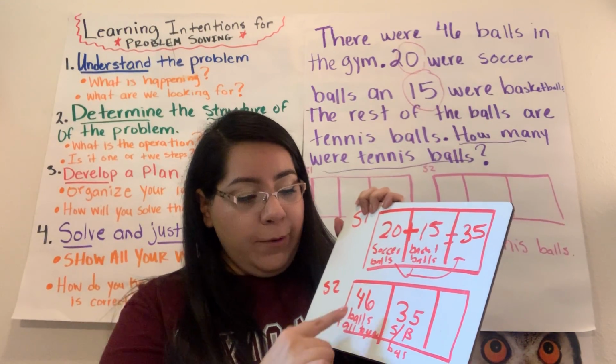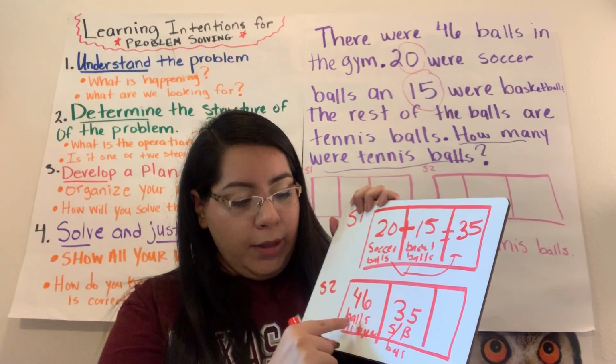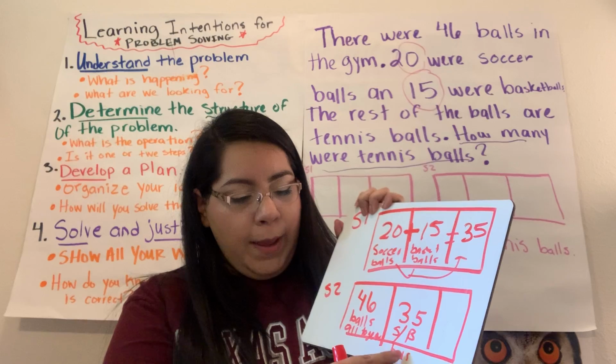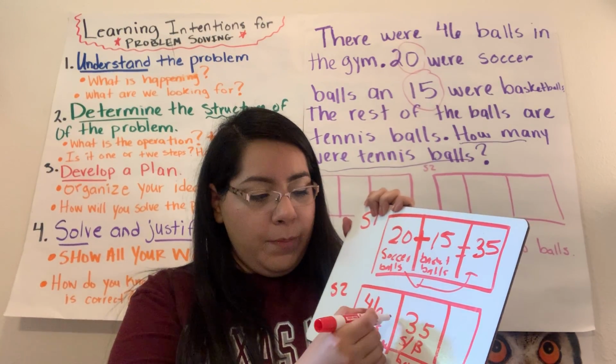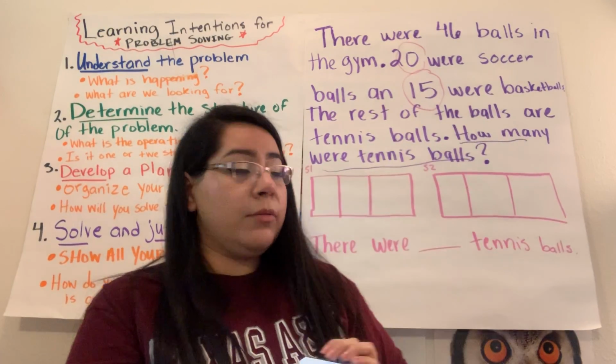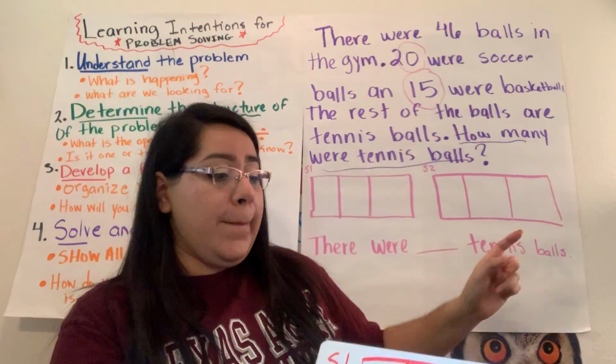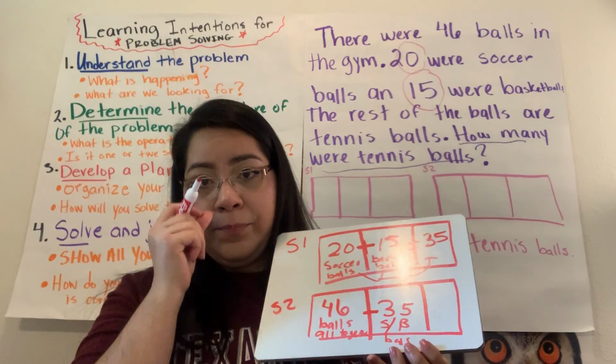I see, okay, 35 balls all together and 35 soccer balls and basketballs. I'm going to take that away because I'm trying to find out the tennis balls. I'm trying to find out my tennis balls over here, okay?